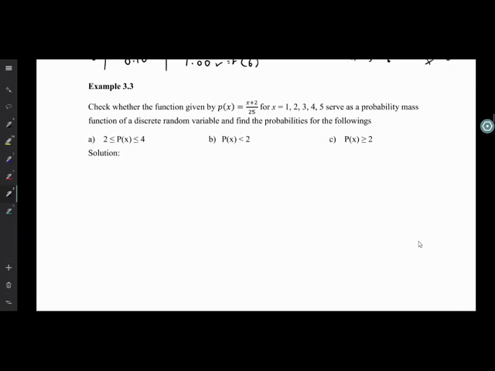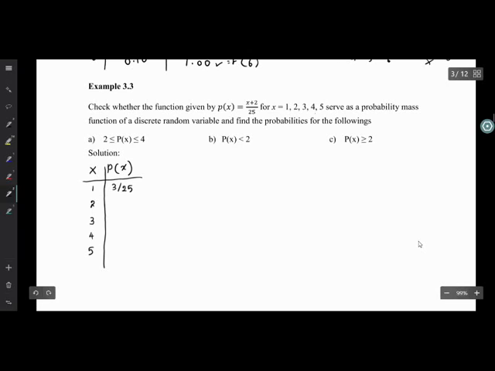First, let's figure out the PMF. Let's list down the values of x and then their corresponding probabilities. X can contain values 1, 2, 3, 4, and 5. When x is 1, the probability is (1 plus 2) over 25, which is 3 over 25.